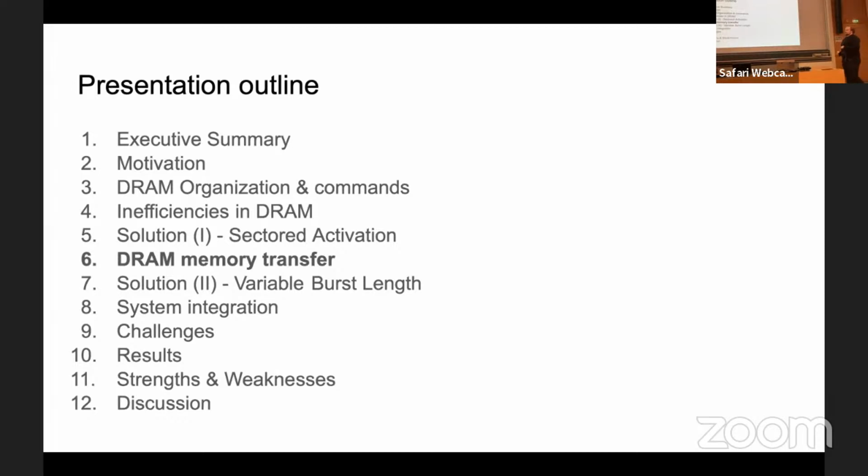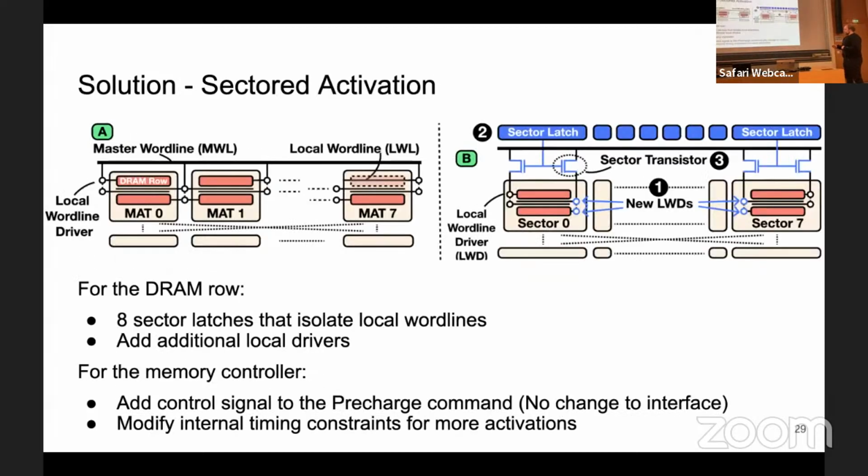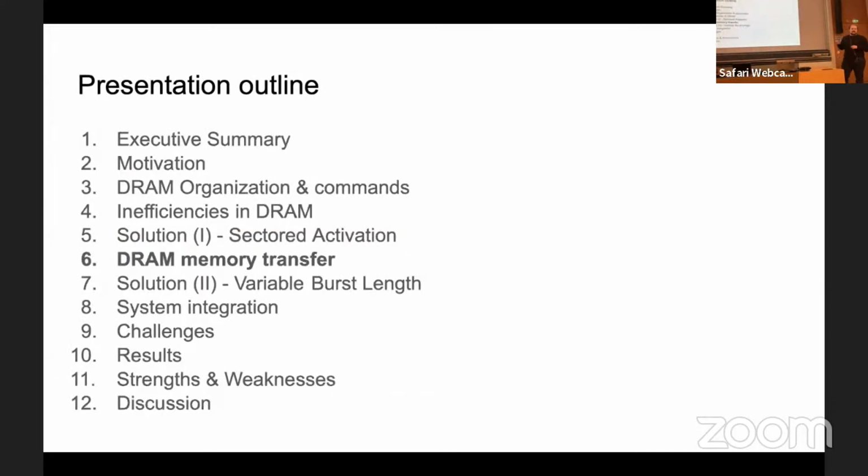Okay, so basically we have these extra sector latches, and those mean that we only activate a part of the DRAM row if we only want to read or write from a certain part of the DRAM row.